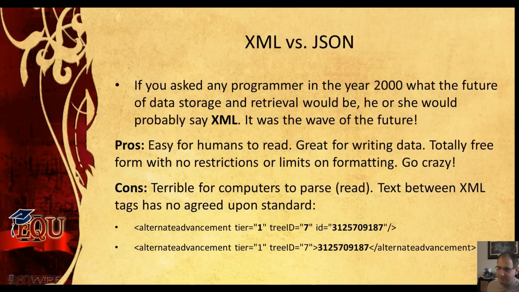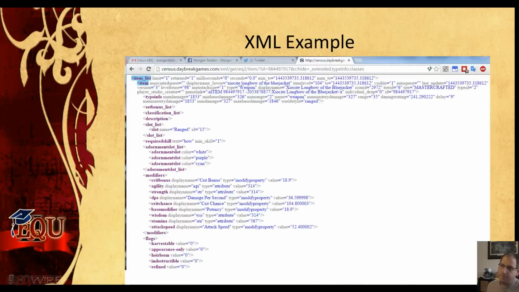Every parser I've loaded has given me a different result or just throws away that data completely. So I'd use XML for looking at the data, but then I switch over to JSON for actually retrieving it, because then there's no vagueness. It all just works. This is an example of XML. And again, we'll go into more of this. I know it's a lot of stuff to look at.